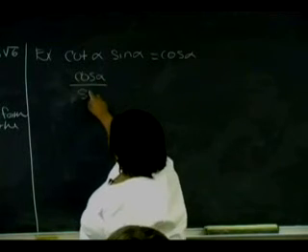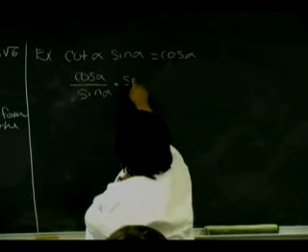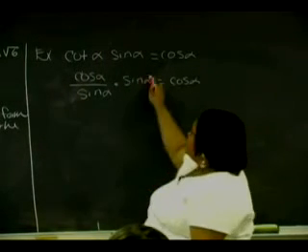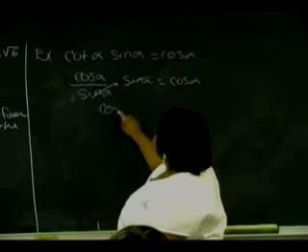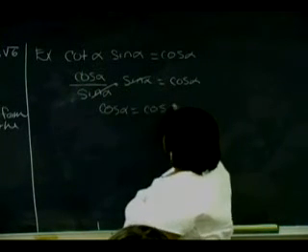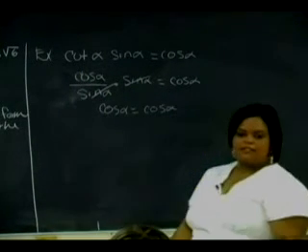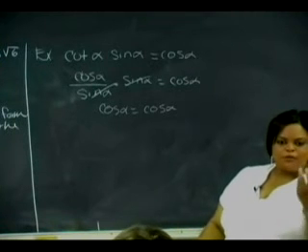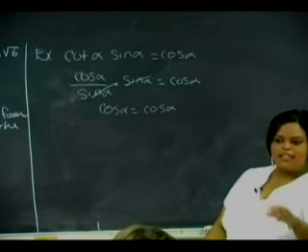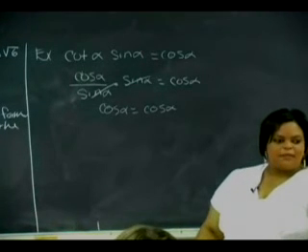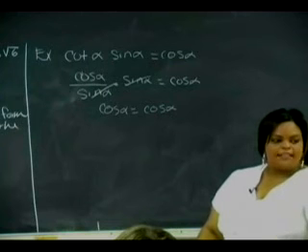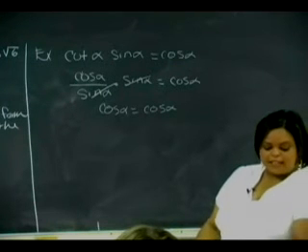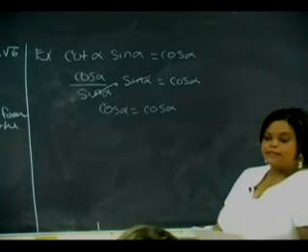Cosine over sine, times our sine. I can cancel these out and I have cosine alpha equals what? Cosine alpha. So the thing is, you're going to have to look at these things, run through those formulas to see which one can I substitute in and possibly get me to what's on the right-hand side of that equation. And it does take time, and it takes a little bit of practice, okay?